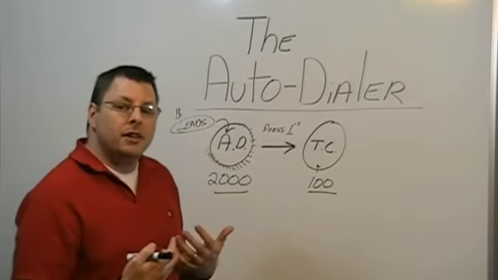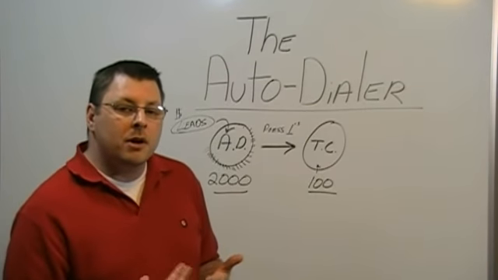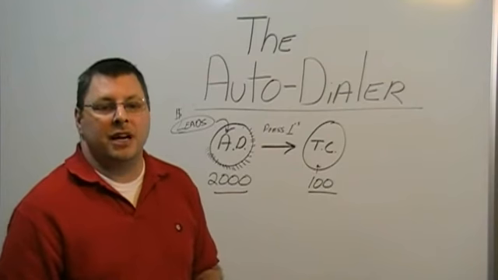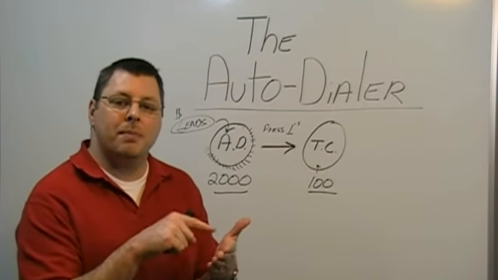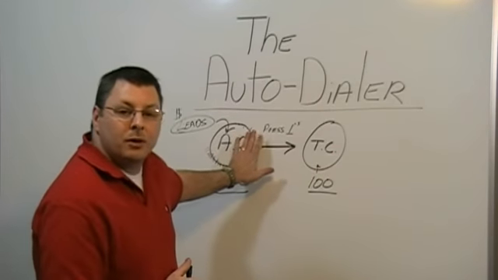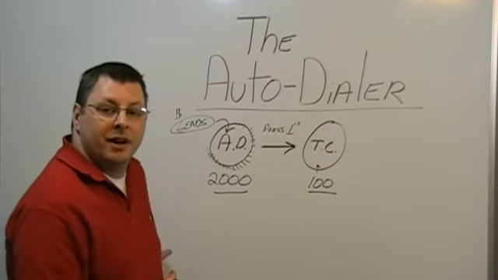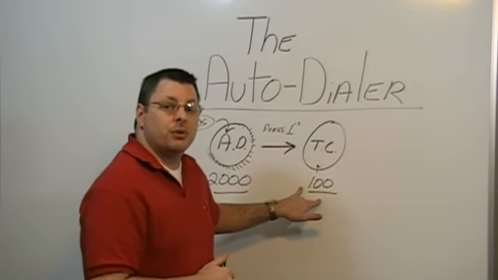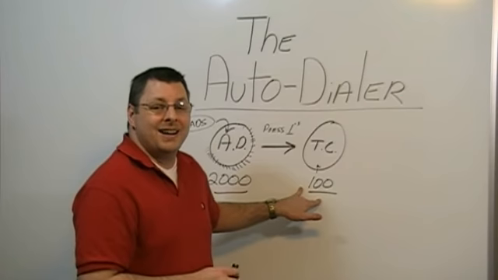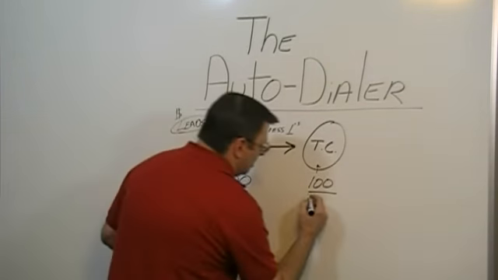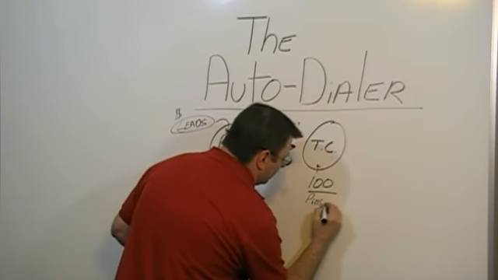Your auto dialer called them, and no matter what they were going through in life, all of a sudden they thought, you know what, I could use some extra cash. I'm going to check into this a little bit more, and they pressed 1. At that point, you don't need to know about the other 1,900 people that either hung up or put you on the do not call list. You only need to know who's truly interested, right?